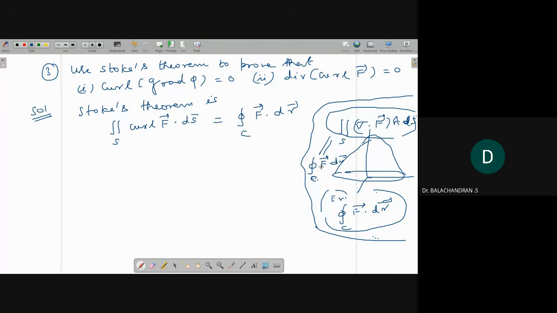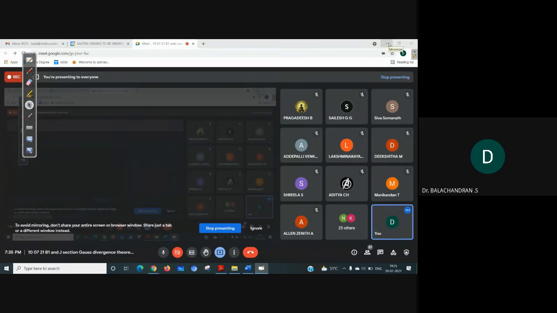Okay, now f vector equals grad phi. Karthikeyan, please tell what it gives if you substitute f vector equals grad phi here.